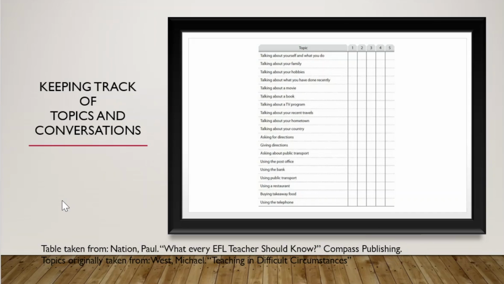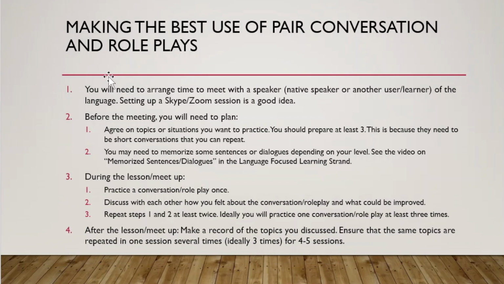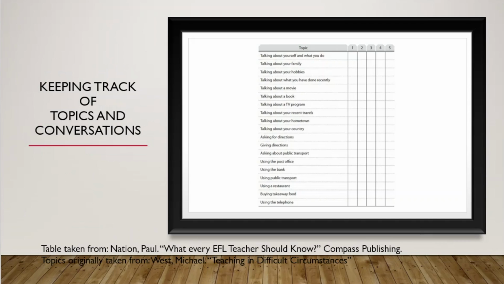So for example, let's say we did a pair conversation and we practiced that a total of 3 times in the first session. Here we were just talking about our family, so a friendly chat about our family.